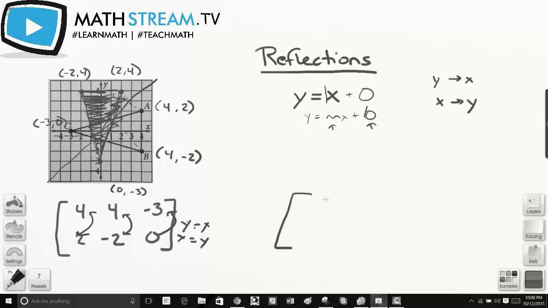I get 2, 4, negative 2, 4, 0, negative 3. Now, do those values look familiar? Yes, they do. They correspond with the points that we see in our graph. So this is an example of a type of reflection using matrices, and how just by putting that information into a matrix, we're able to simplify.